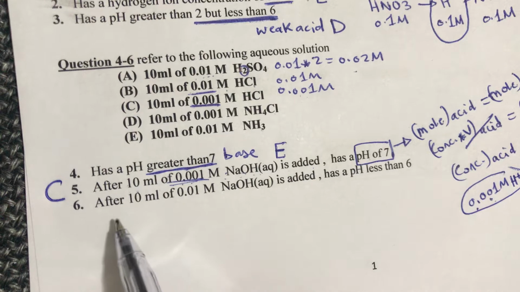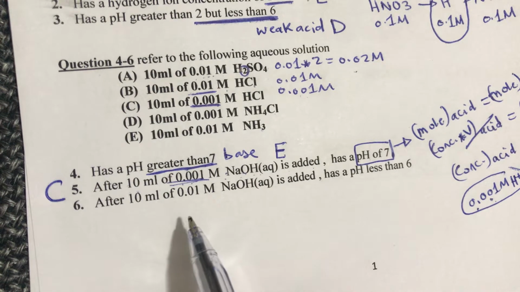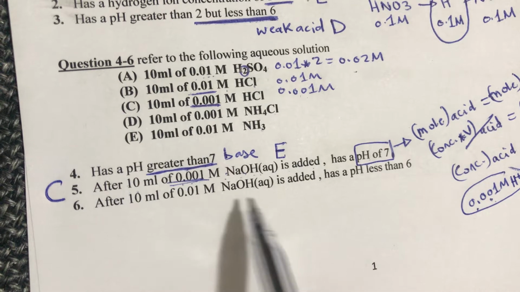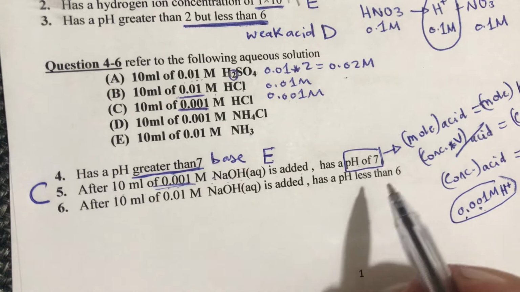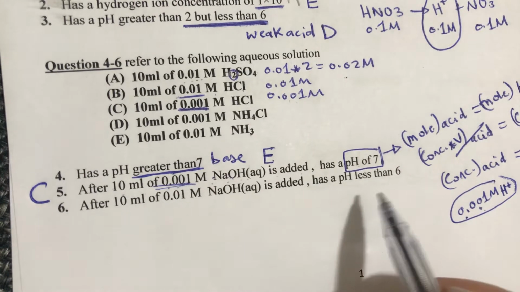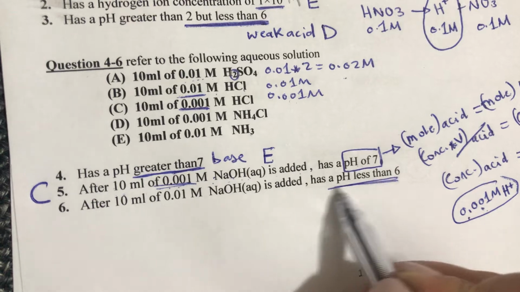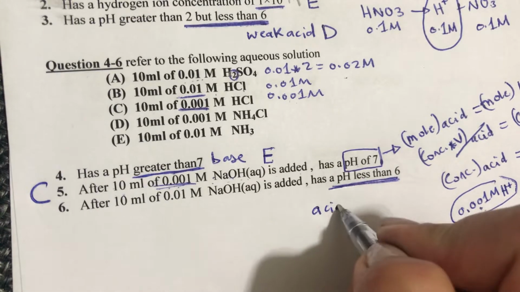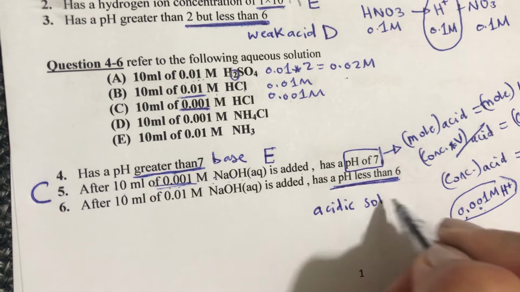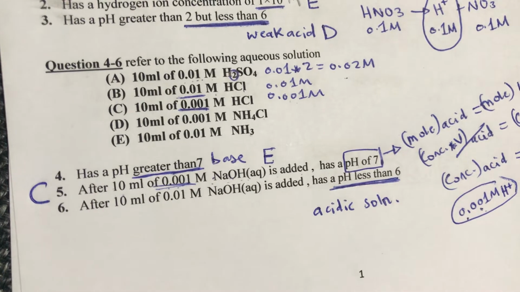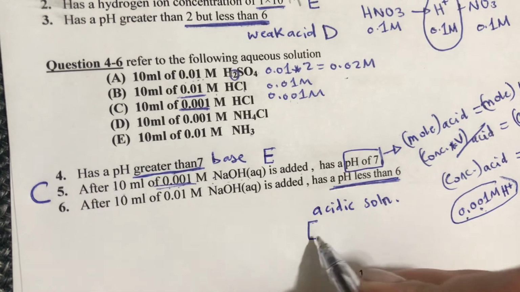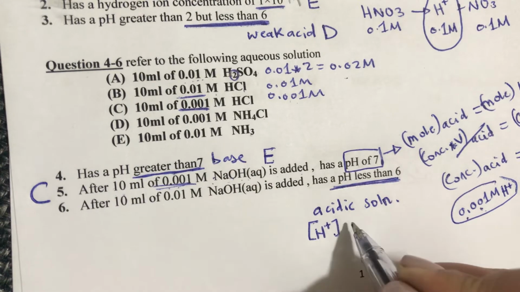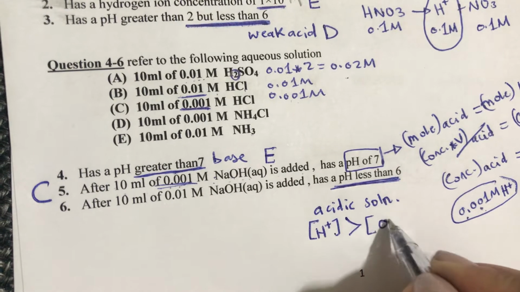Question 6. After 10 ml of 0.01 molar NaOH is added, has a pH less than 6. Less than 6 means acidic solution. In acidic solution, concentration of hydrogen is greater than concentration of hydroxide.